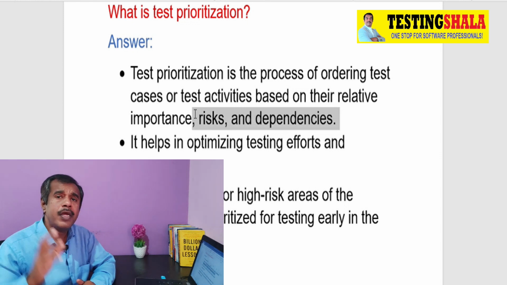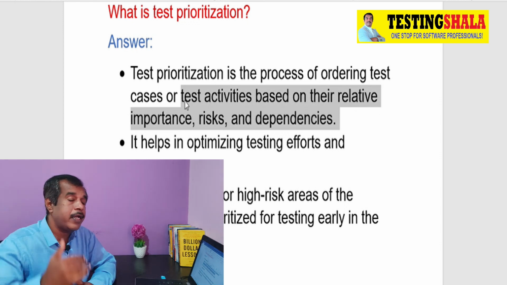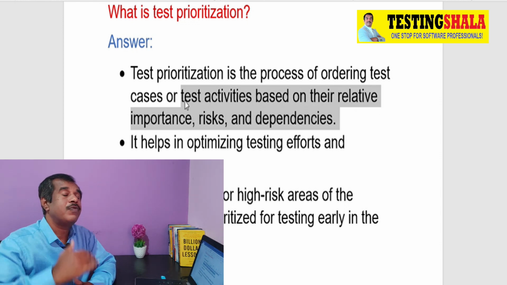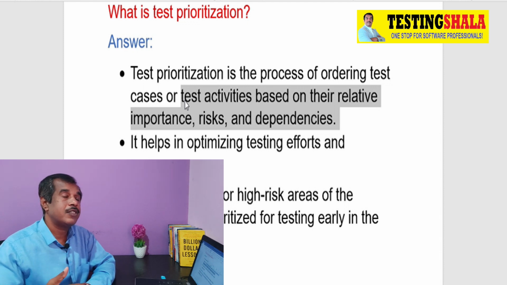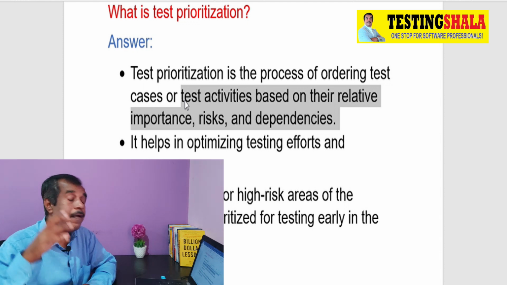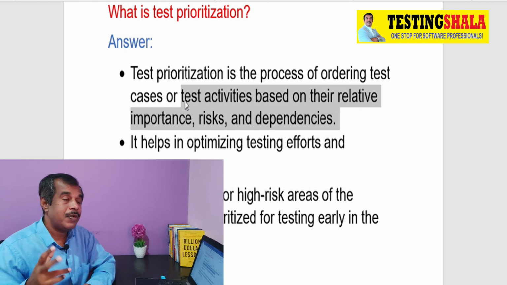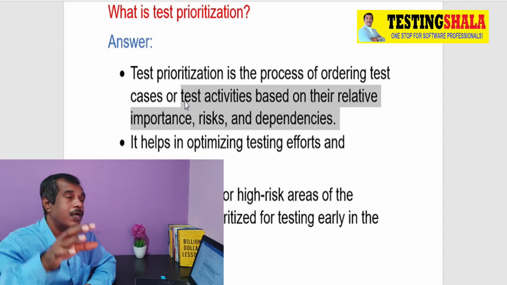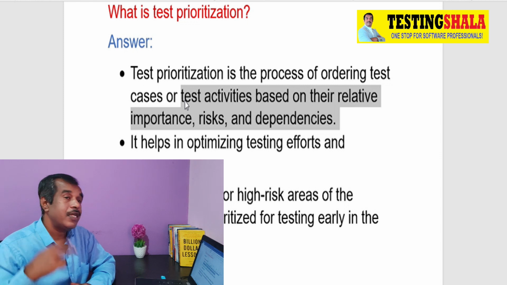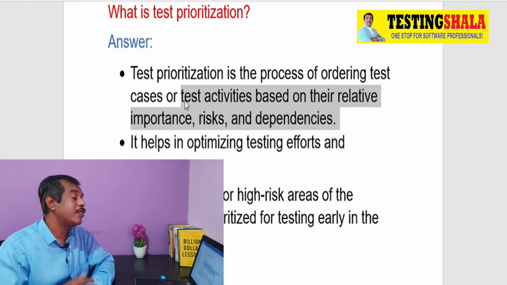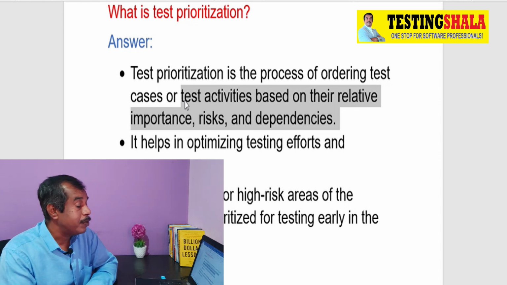When we prioritize, we order them: this is the number 1 test case, this is number 2, this is number 3. Based on that, we execute the test cases. First we take all the priority 1 test cases, then priority 2, and if time permits, we execute the priority 3 test cases as well.